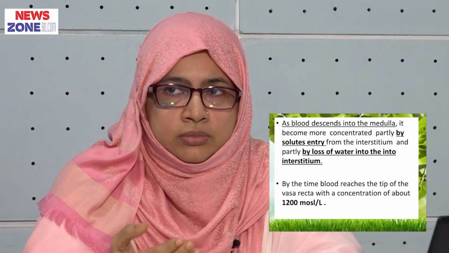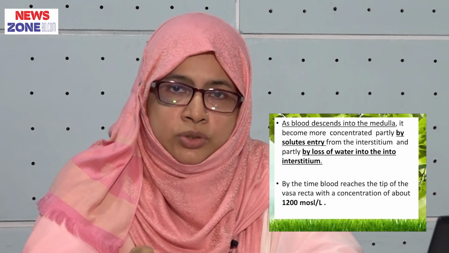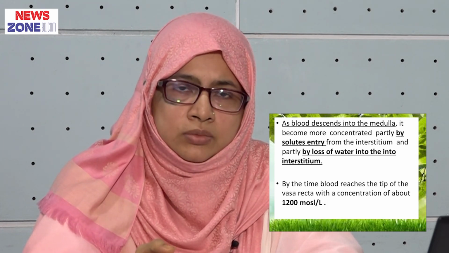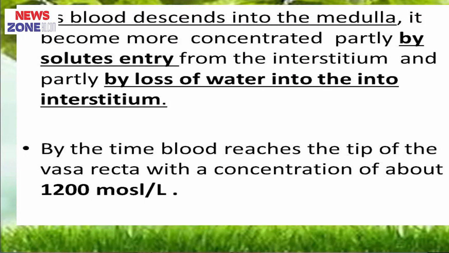So when it descends, it tries to make equilibrium with the surroundings. To make equilibrium, the osmolarity should rise. How does osmolarity rise? For the osmolarity to rise, solute should enter into the vessel and water should come out. So in this case, solute is coming inside the capillary and water is coming out in the descending limb to make equilibrium with the interstitium.